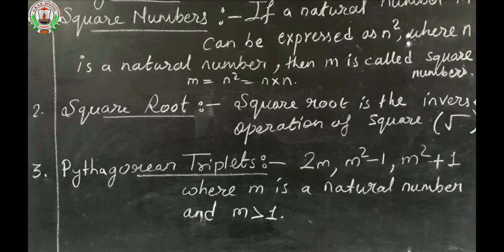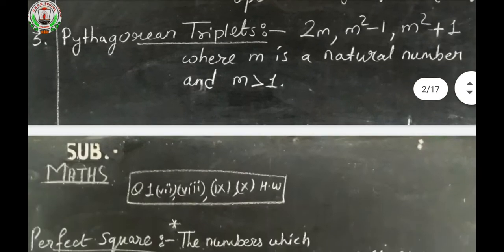That means m should be a positive number, not a negative number, as well as it should not be equal to 1, nor less than 1. Less than 1 is 0, minus 1, minus 2, minus 1000, like that. So what are Pythagorean triplets? Pythagorean triplets is the family of 3 members, that is 2m, comma, m square minus 1, comma, m square plus 1, where m is a natural number. So have you understood, everyone?